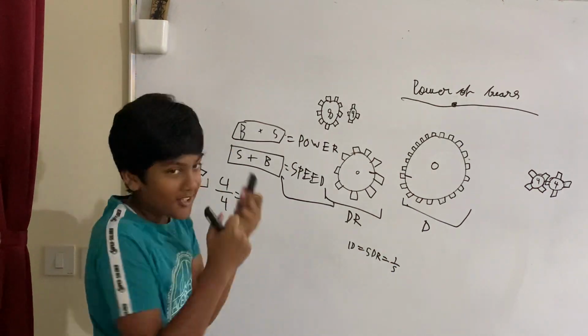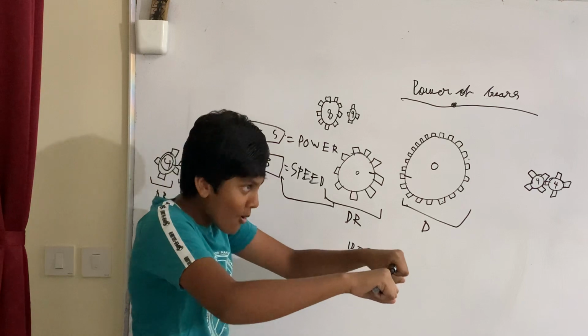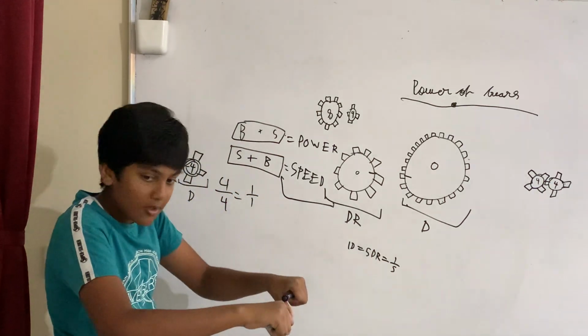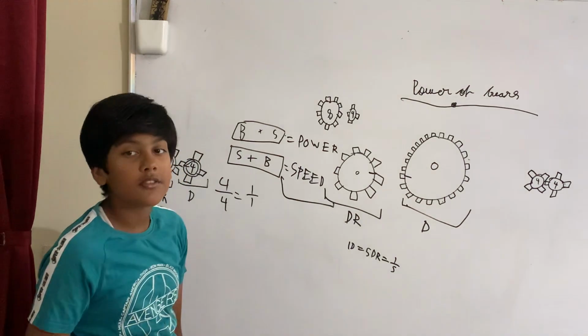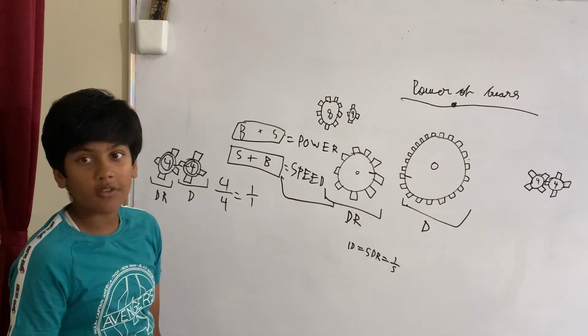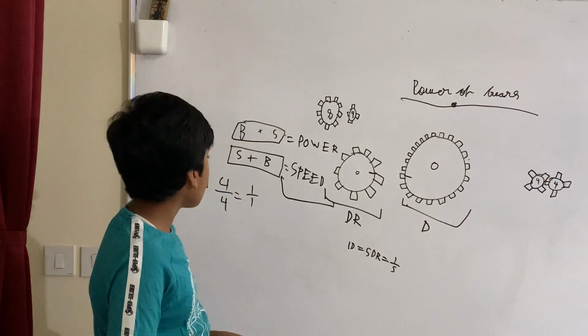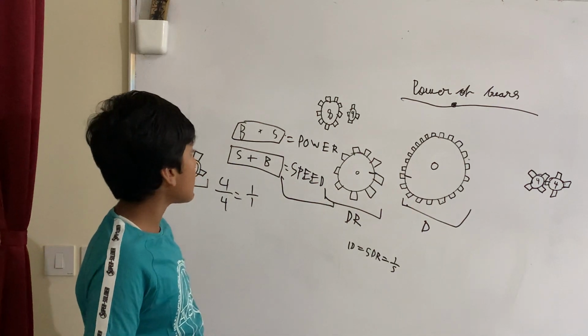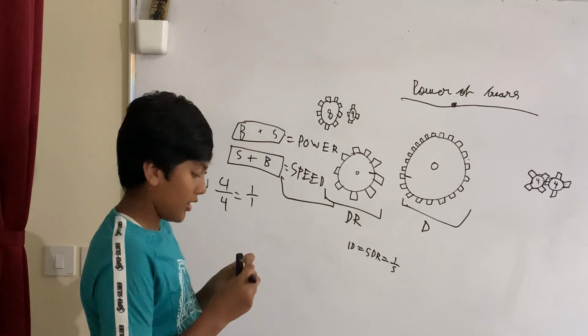Now, let's say you're going to move, one by one. You see a hill upwards. It seems like a lot of force. Your legs will die. What about power? So this one for speed is called low gear.